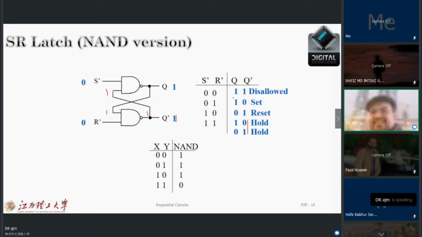Why? Because we cannot have the value of Q and Q prime the same. We know that Q prime is not for Q. Then the first thing that we find is that we do not accept this. We can never have this situation of 0 and 0.